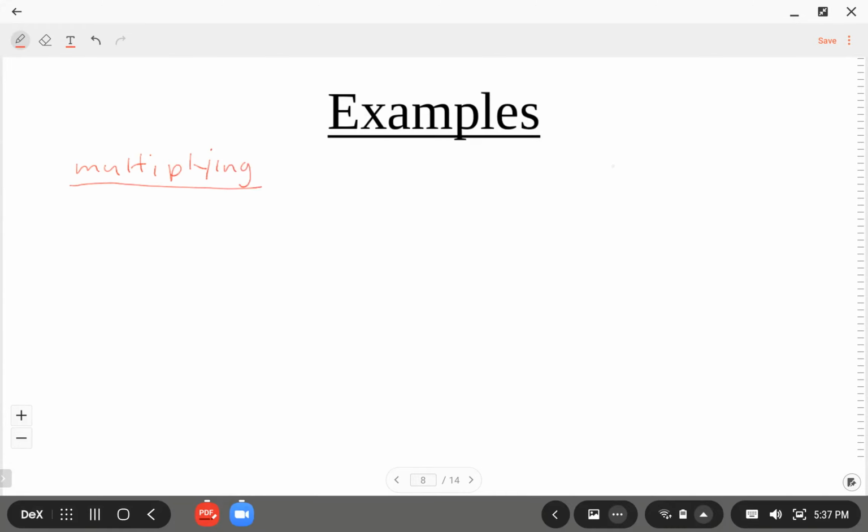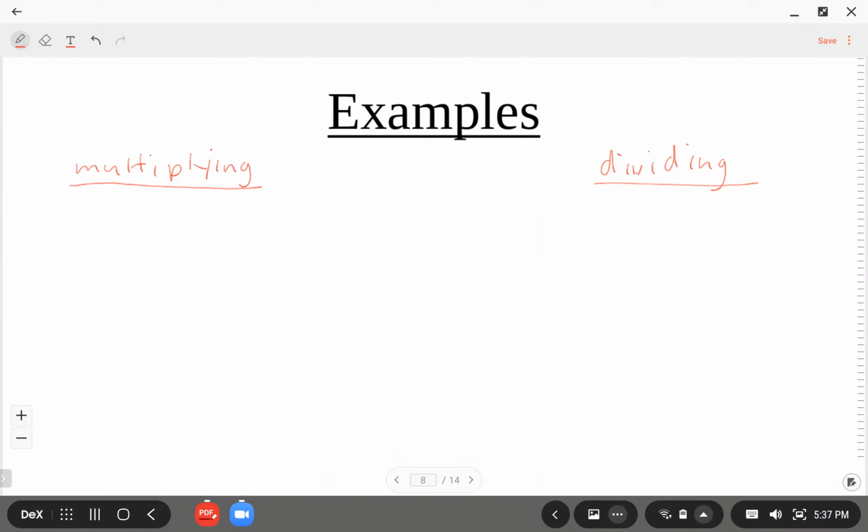And there's also dividing scientific notation.